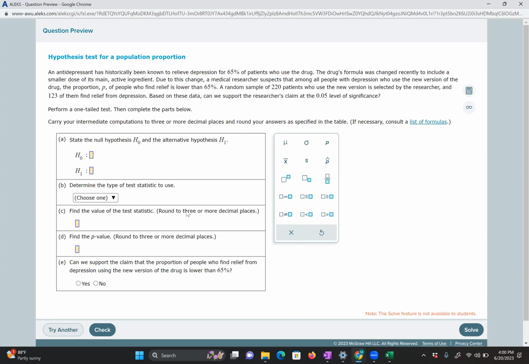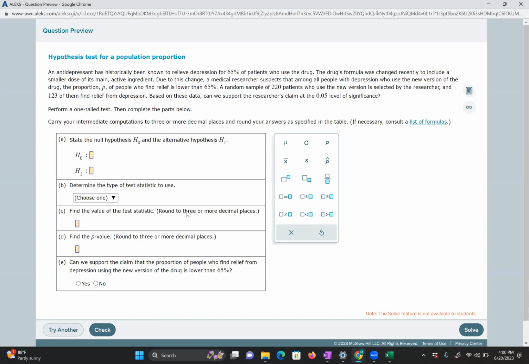It's saying the drug's formula has changed recently to include a smaller dose of an active ingredient. Due to this change, the medical researcher suspects that the proportion of all people with depression who use the new version of the drug and find relief is lower than 65%.